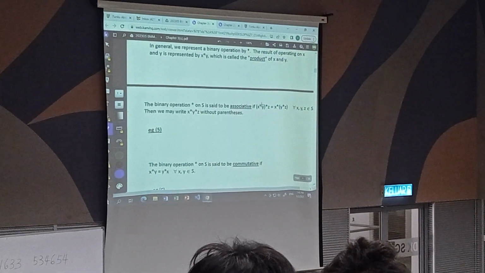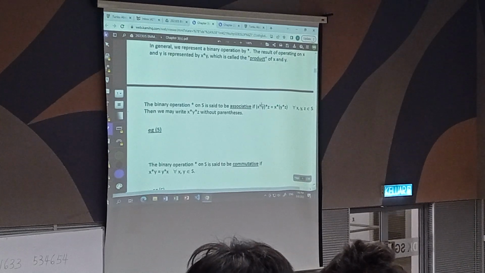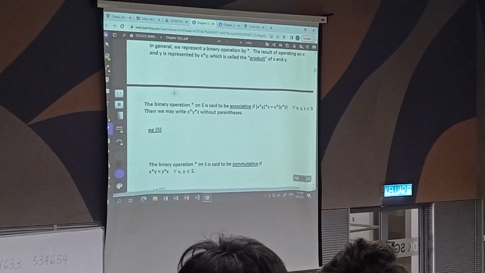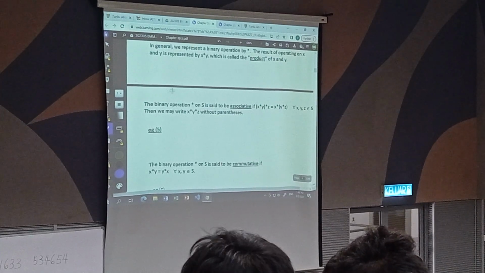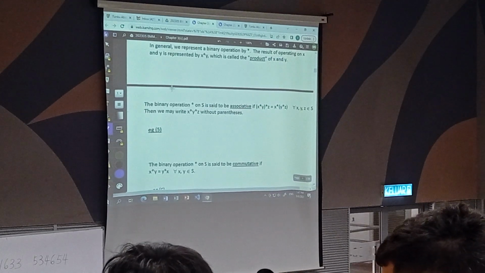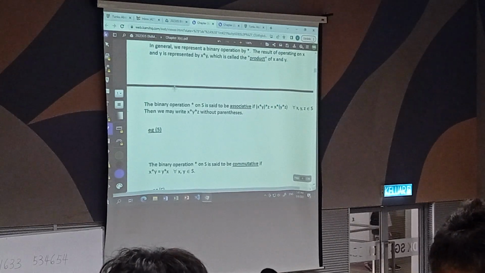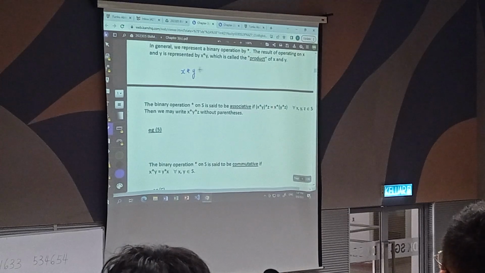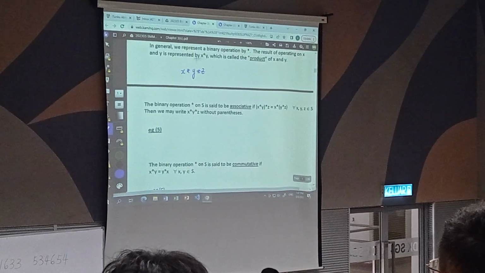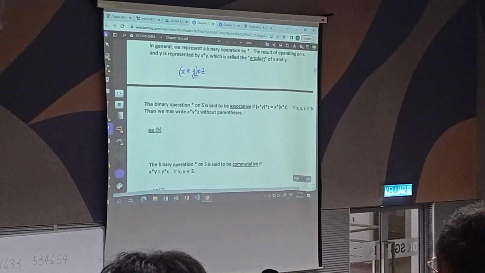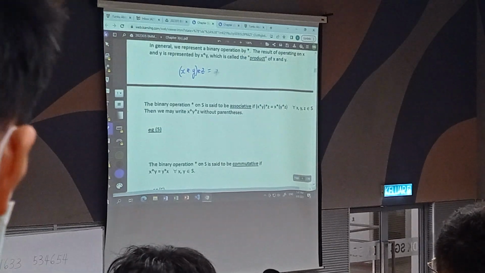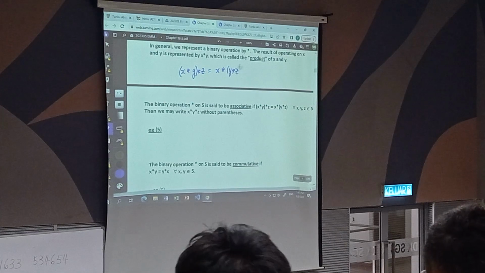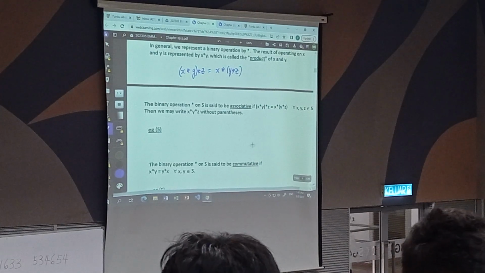How many terms must we have for associative? x, y, z. If I do these two first, the answer must be the same as when I do the y and z first, right? Remember associative?